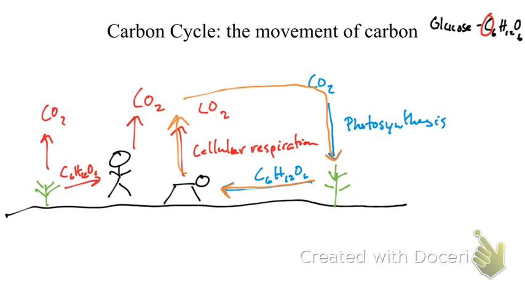So what happens is, when we die, we decompose, right? When death occurs, we decompose. But our bodies, or the trees that die, are also made of carbon. So there's carbon within us, and so you have decomposition.